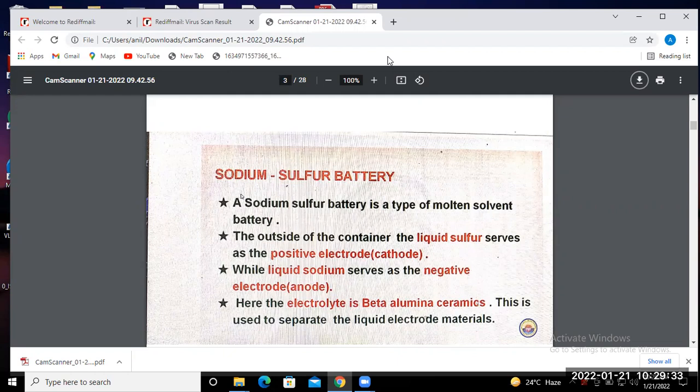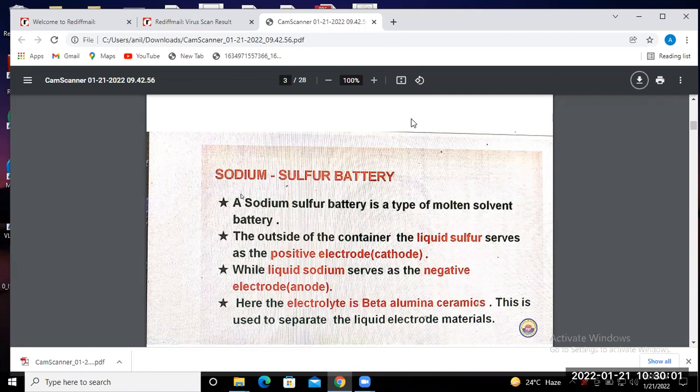Okay. In the basic explanation of a battery, we say that there are two electrodes, one is your cathode and one is your anode. Okay. These two plates are separated with a dielectric medium. So here in the sodium sulfur battery, sulfur acts as the positive electrode plate, that is the cathode, and sodium as the negative electrode, that means the anode.